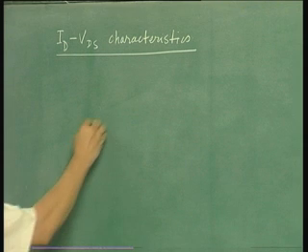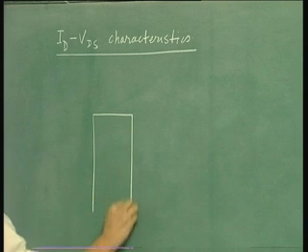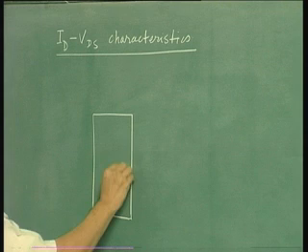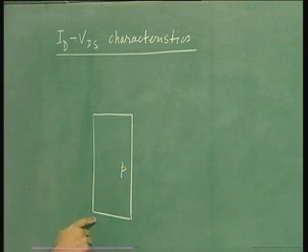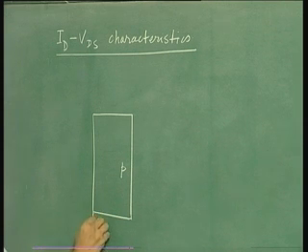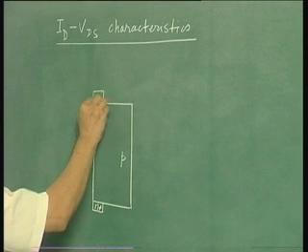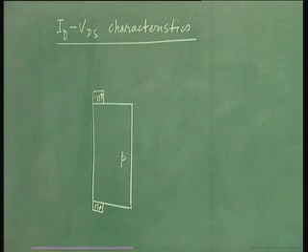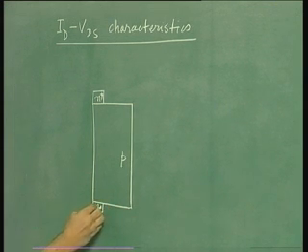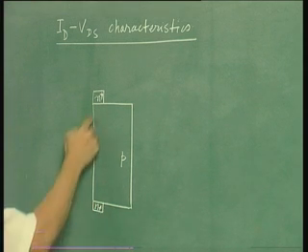For this purpose, we will draw the MOSFET in this particular fashion. So this is your p-type substrate, and now the source and drain will be assumed to be top and bottom. So that is, we will assume that this is the source and this is the drain. Now for simplicity, we are showing the source and drain to be very small, and just enough to make contact to the inversion layer.